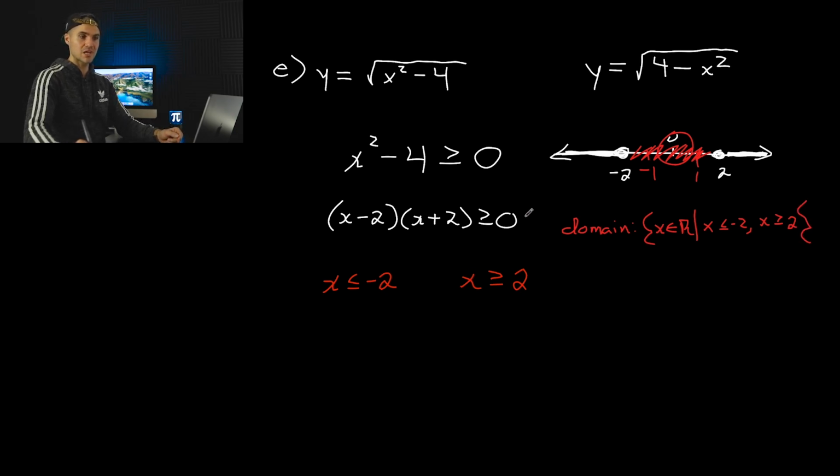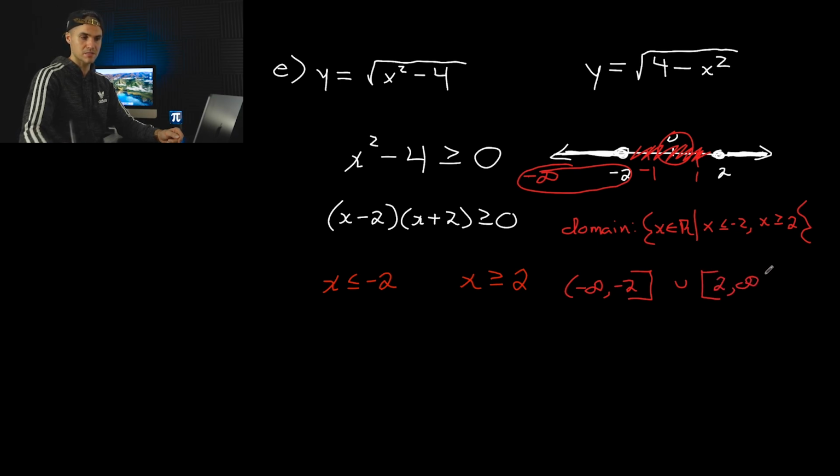In interval notation, we would say it's from -∞ to -2, including the -2, so we put a square bracket there, union, or it could be from +2 to +∞. That would be that interval right there.